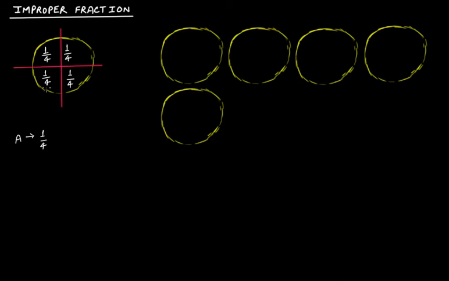If this person gets this part also, in that case since he has two parts out of these four parts, this is 2 by 4.